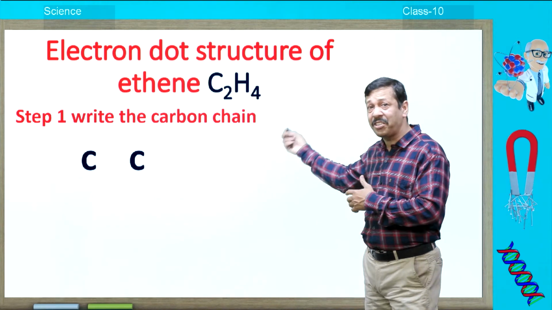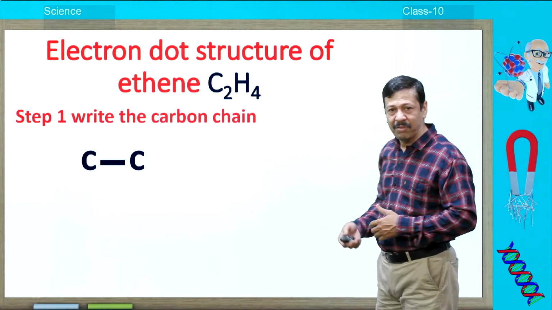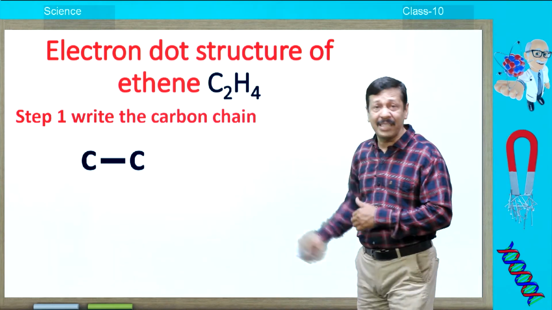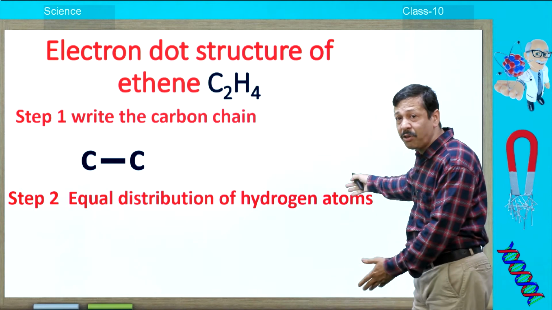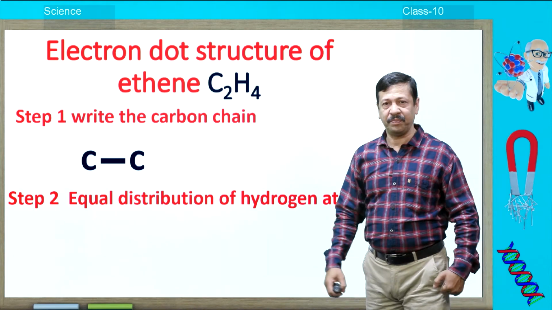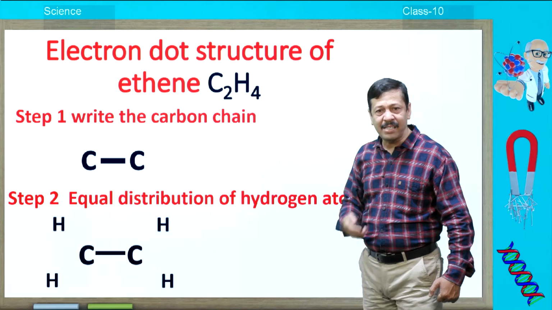Try to draw the structure of ethene. Yes, 2 carbons written. Now a single bond is drawn between these. Then equal distribution of hydrogen atoms. How many are there? 4 are there. Let us distribute. Yes, each carbon gets 2 each.